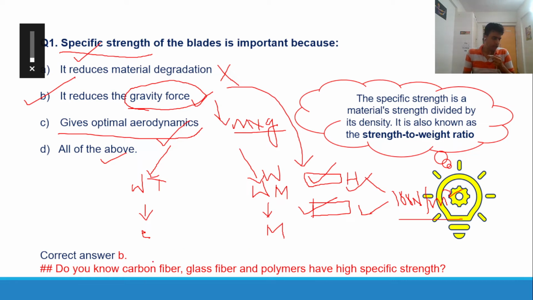Okay, and I just put a trick question for you. Do you know that carbon fiber, glass fiber, and polymers are some of the topics very much in the news in the recent technological era? Carbon fibers have carbon nanofibers in metal matrix composites.